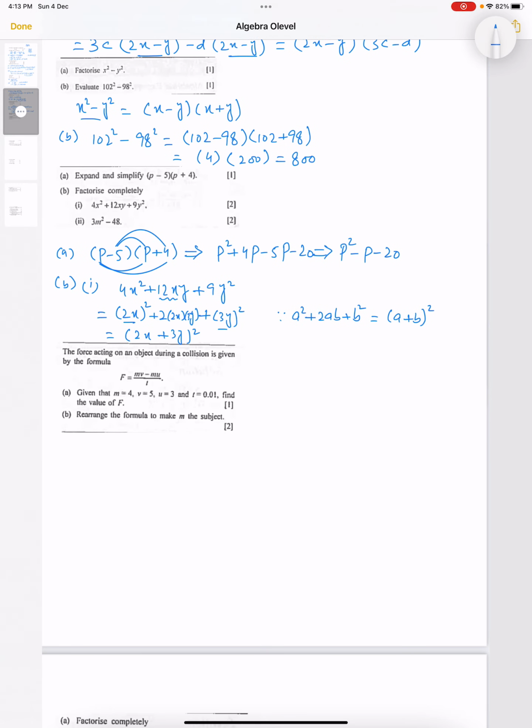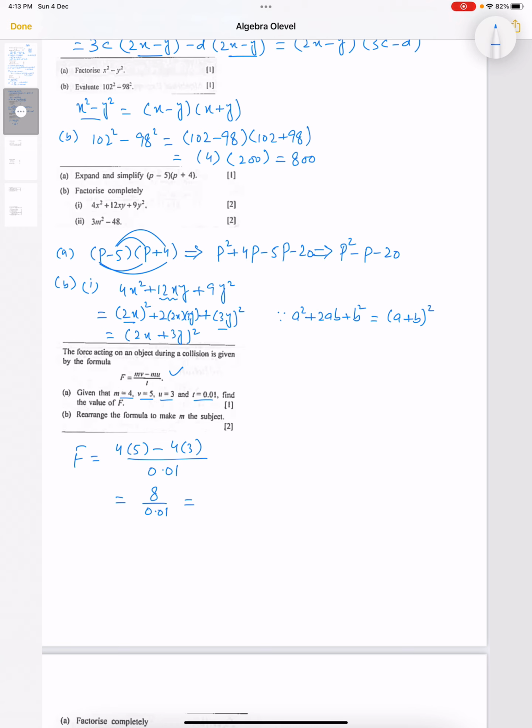Next question. The force acting on an object during collision is given by this formula. Given that m is equal to 4, v is 5, u is 3, and t is equal to 0.01, find the value of F. So let's substitute the values. F is equal to 4 times 5 minus 4 times 3 over 0.01. It becomes 20 minus 12 means 8 over 0.01.